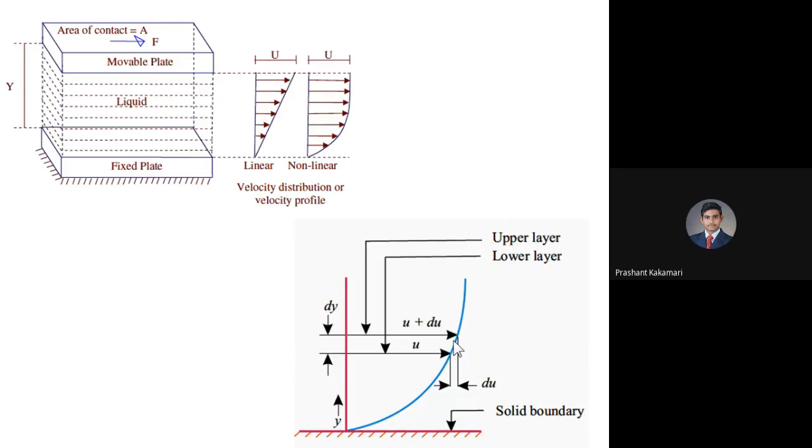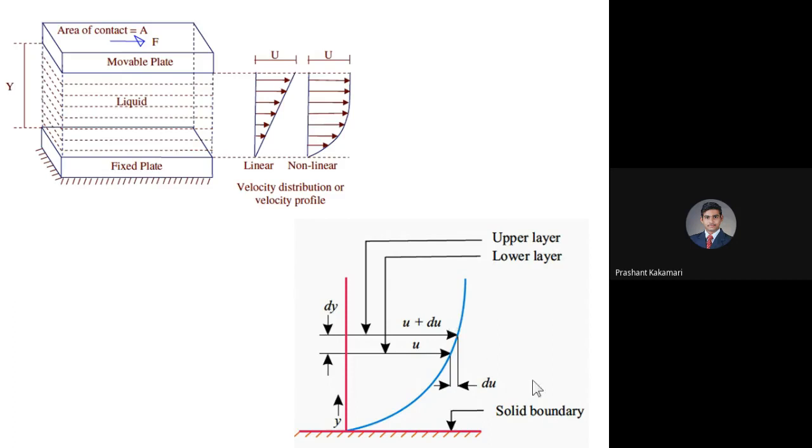Both surfaces have some contact area, that is capital A shown. The force by which the plate is moving, only the above plate is moving, the bottom plate is kept stagnant, just to understand how the fluid will behave. The two plates are maintained at a distance of capital Y, or any value you can take. It is in the y direction, so they have taken y.